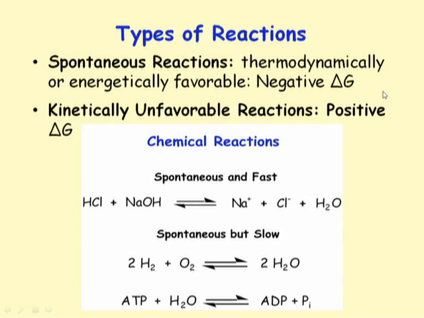A negative delta G makes the reaction thermodynamically or energetically favorable, whereas a positive delta G makes it unfavorable. Spontaneous reactions, which are energetically favorable, need not always proceed at a fast rate. Reactions could be spontaneous and fast, such as the example given here, or spontaneous but extremely slow.